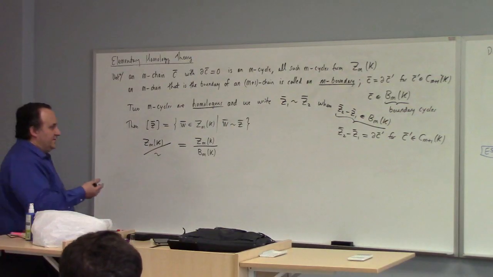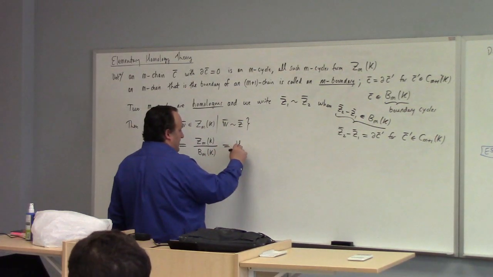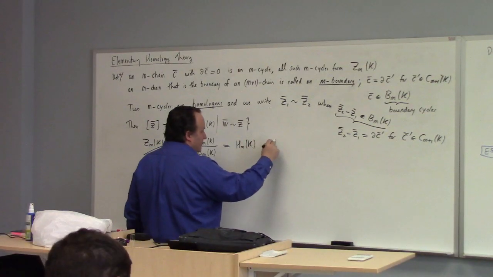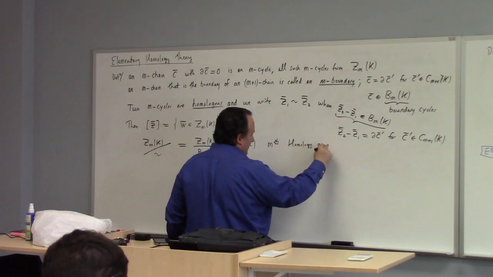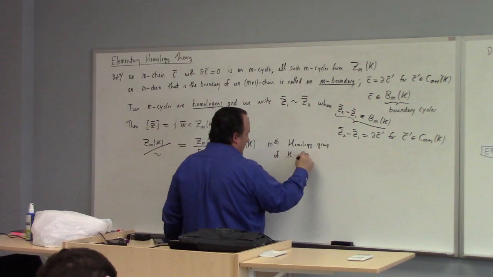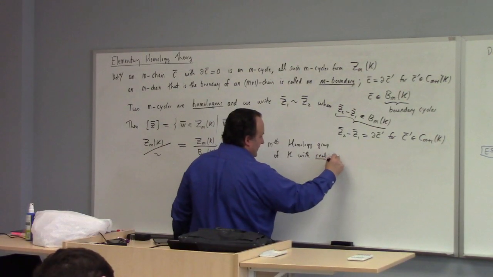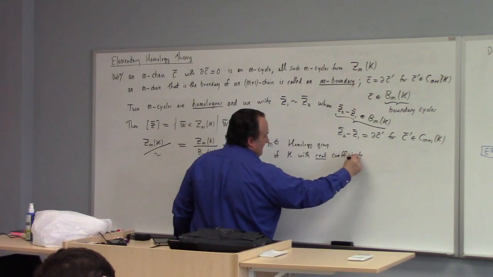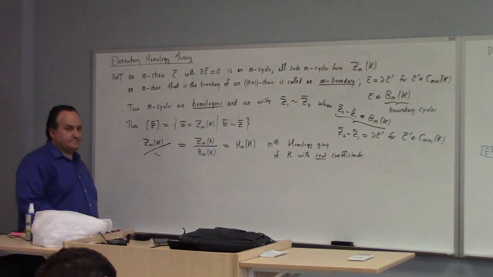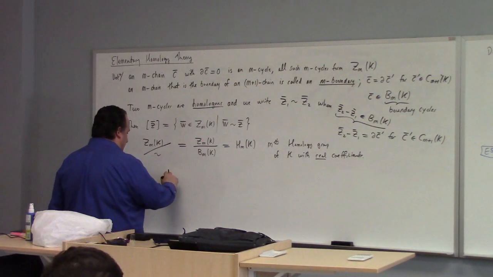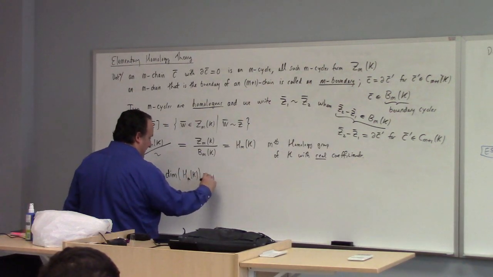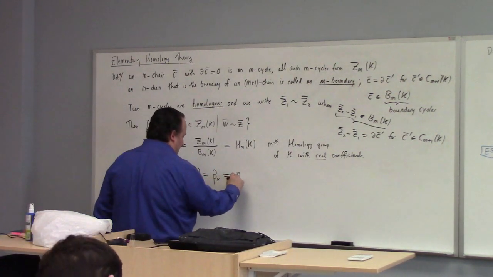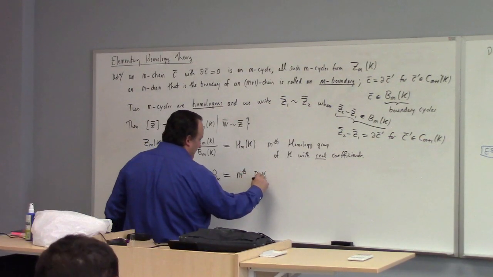That's a quotient vector space, and by definition this is the mth homology group of K, with real coefficients. Furthermore, the dimension of H_M of K is beta sub M, which is, by the way, the mth Betti number.